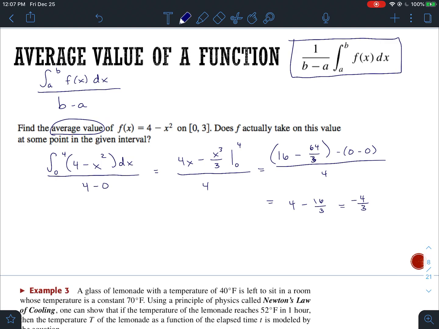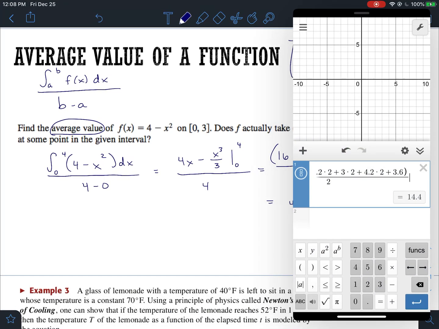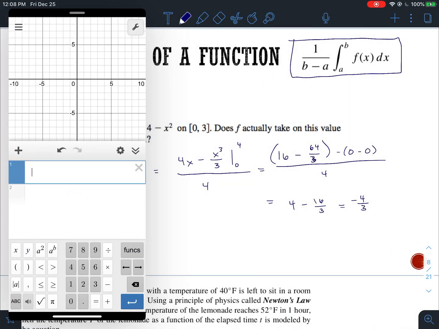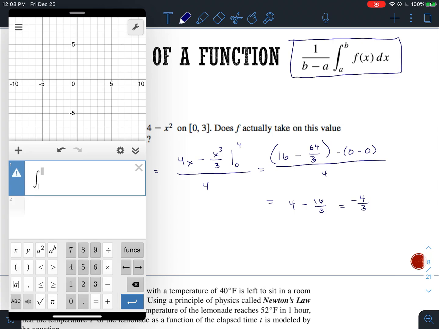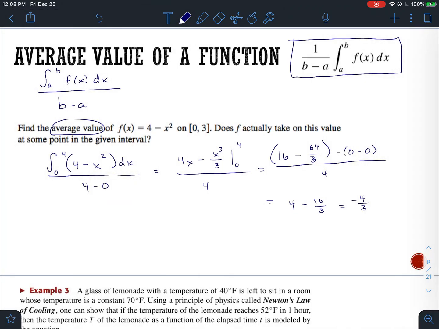So the average value of that function between 0 and 3 is going to be negative 4 thirds, which doesn't seem right. Oh, because I was doing 0 and 4, and it was 0 and 3. So let's try that again. We're going to go between 0 and 3.